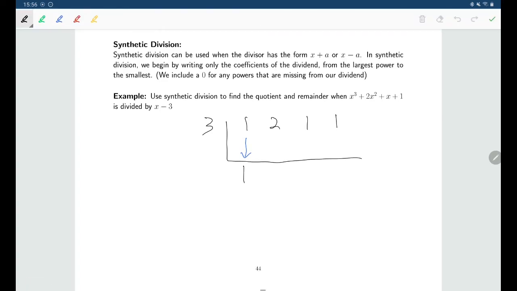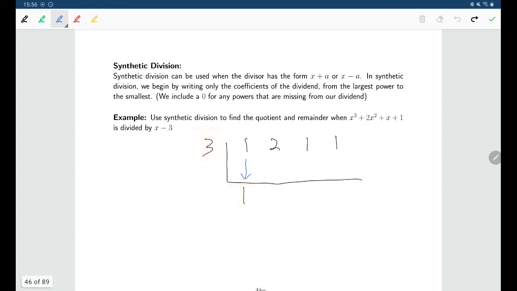Our work will begin with first multiplying 3 times 1, that gives us 3. And then instead of subtracting, we add. 2 plus 3 is 5. And then we just repeat the process. Multiply 3 times 5, that's 15.